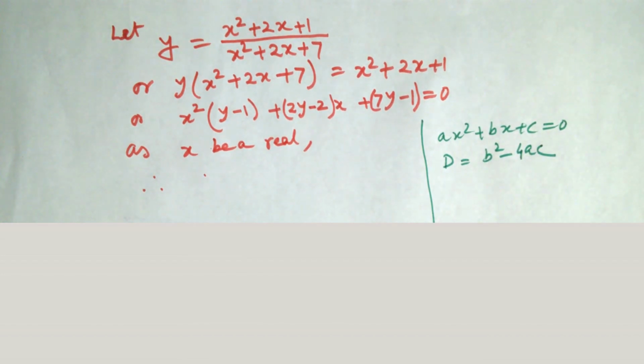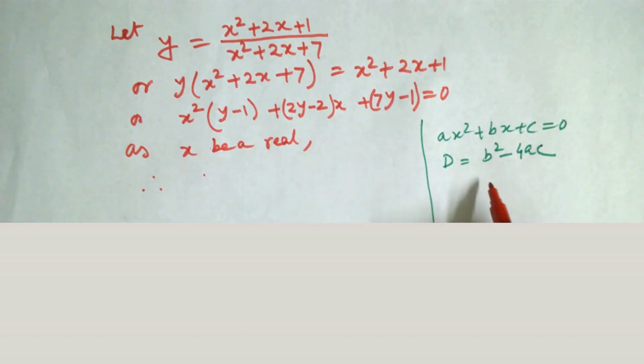The condition for x to be real is that the discriminant is greater than or equal to 0.